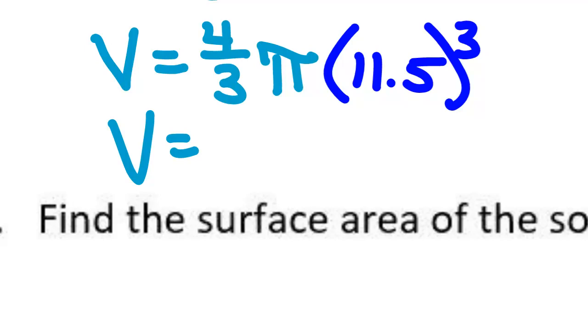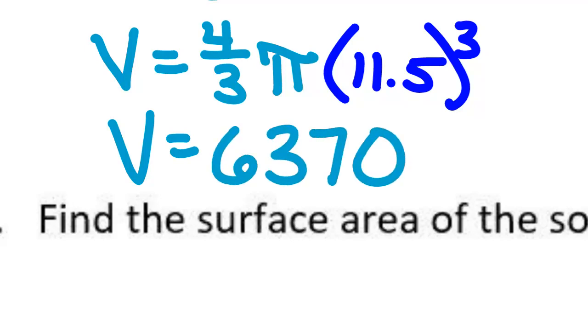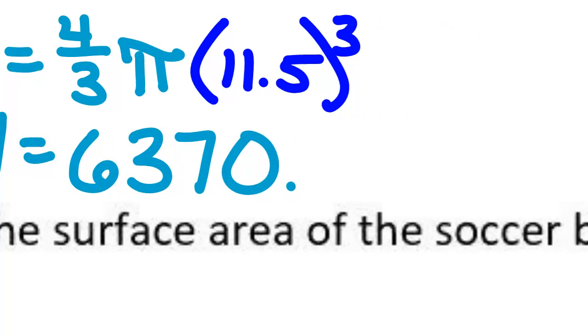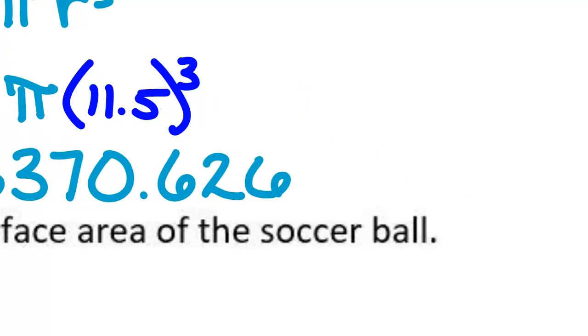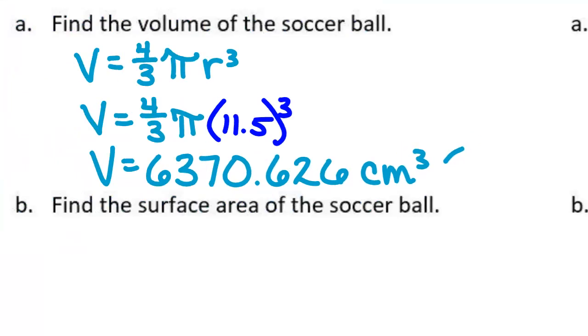If you need help finding the cubed key, please let me know. I'm happy to show you how to put that into your calculator. 6370 point how much? 62 and after the 2? There we go. 6,370.626 centimeters cubed.